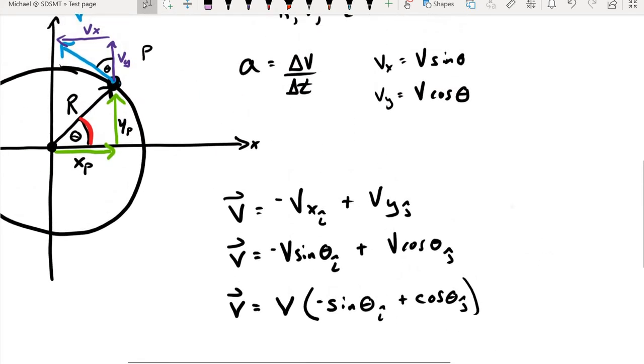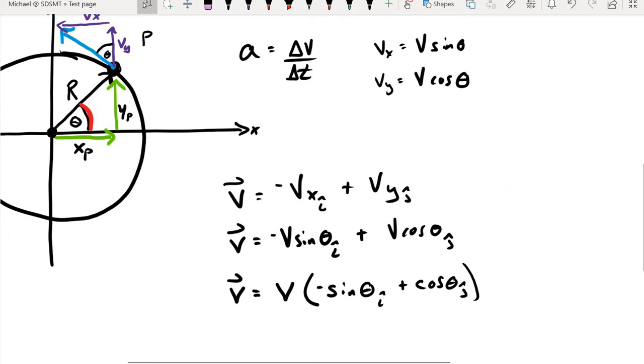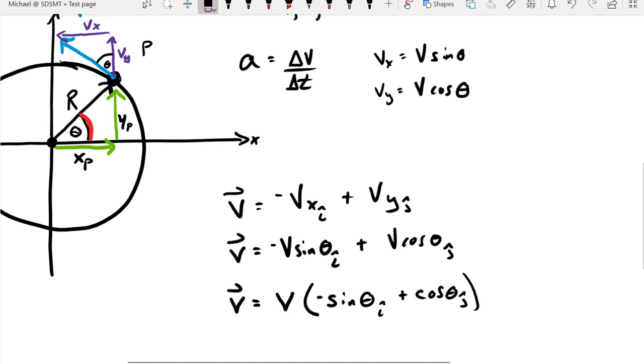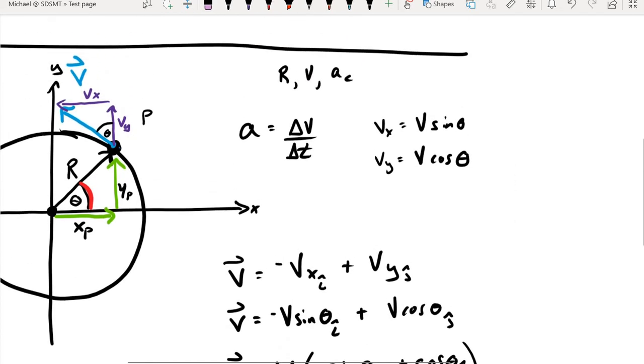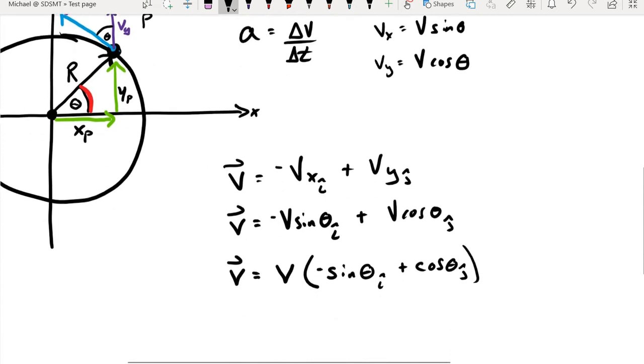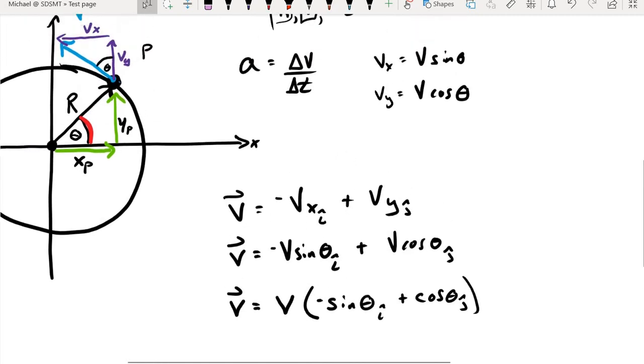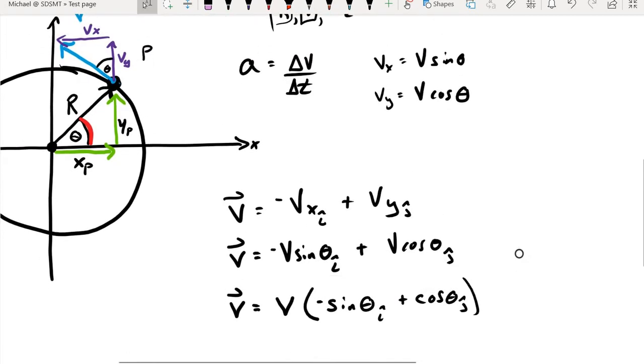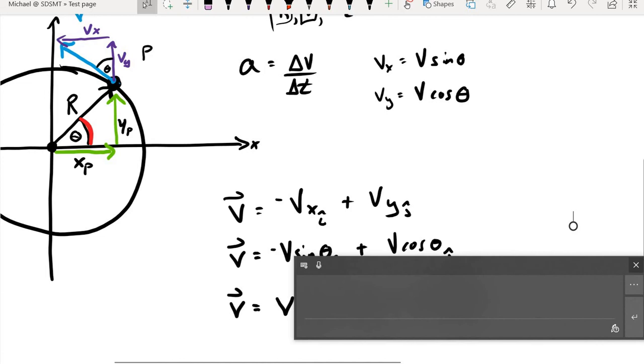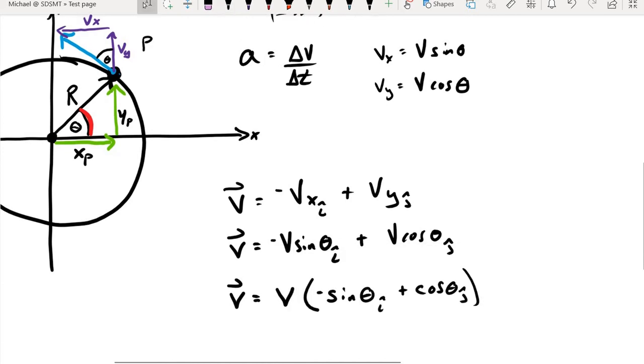Okay, next thing, now that I have the magnitude of the velocity in the expression, so we're a third of the way there. So we've got the velocity in there. Let's see what we can do about introducing the radius into our expression. Well, everything in this expression is concerning the velocity vector.